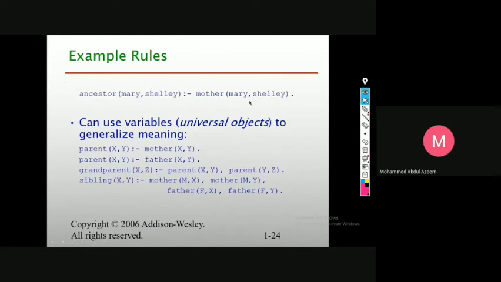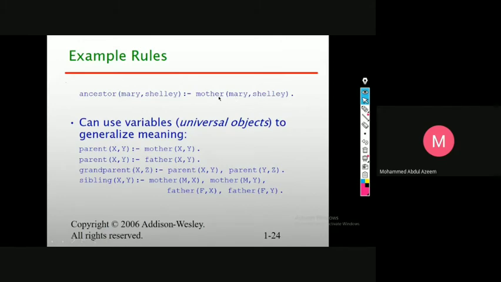So you have antecedent functor defined as mother. Parameter list is Mary and Shelley, right? So how do you now pronounce this and how do you describe the relationship between this couple? Mary is the mother of Shelley, okay?